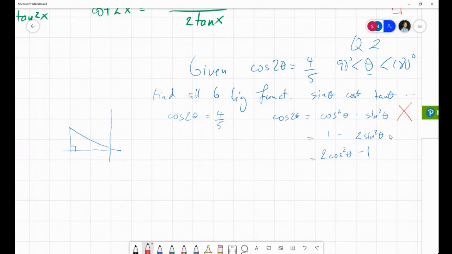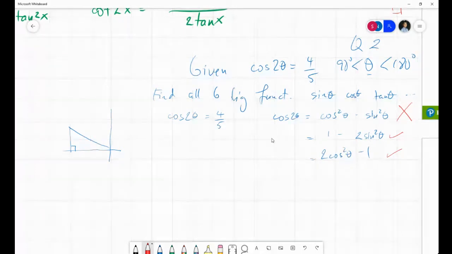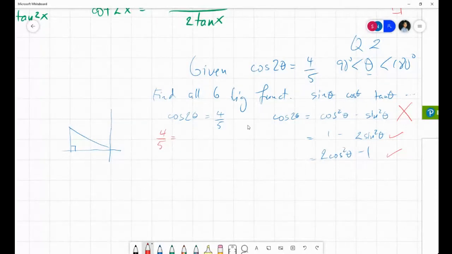I want to use either this one or this one so that I can solve for sine or cosine. So let's do that. If I set 4/5 equal to cosine 2 theta, now I can solve for sine. Okay, so we can subtract 1 from here. So we have negative 1/5.